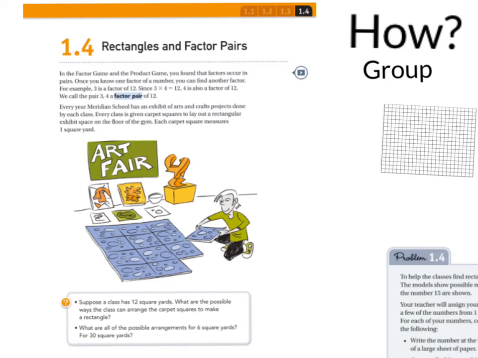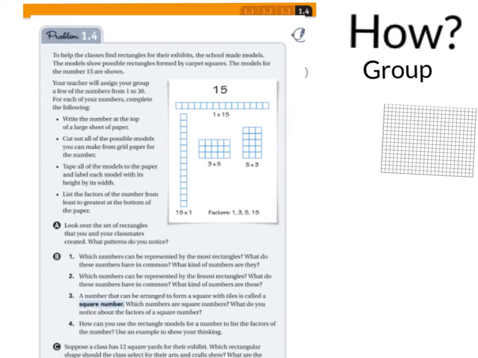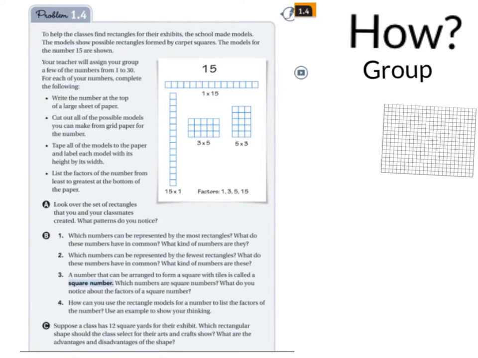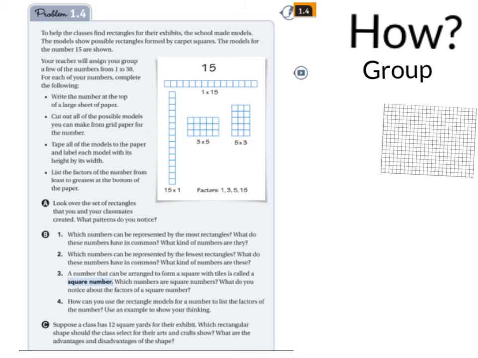So the problem today is called 1.4 rectangles and factor pairs. And in the factor game, the product game, you had to review finding factors of a number. Okay, so today's problem, your group problem, will be listed on your Blend space.